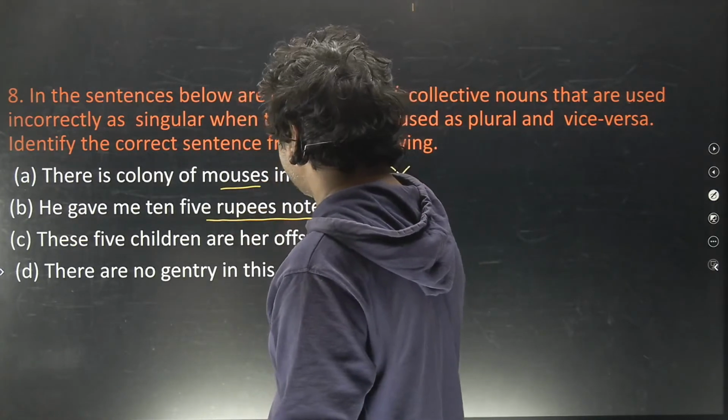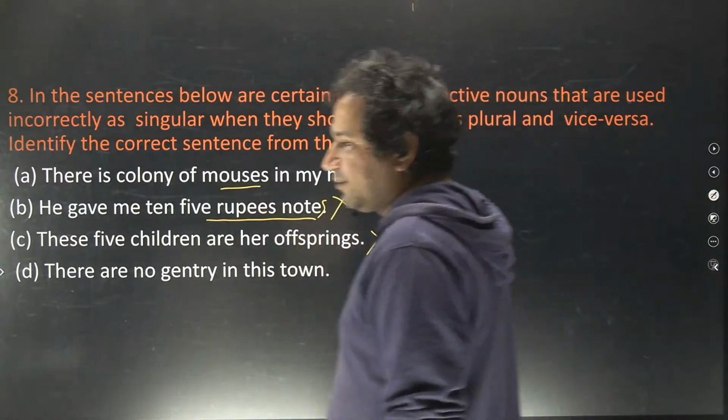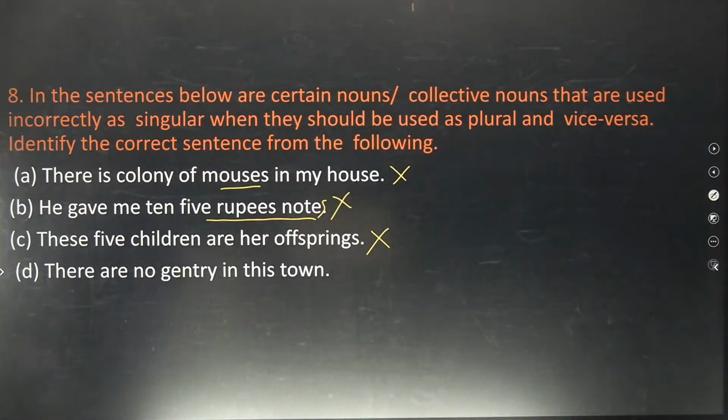So 1 and 2 are wrong, which everybody of you understands. There is a problem in C. C is wrong. I know you're feeling bad. But why did it happen?